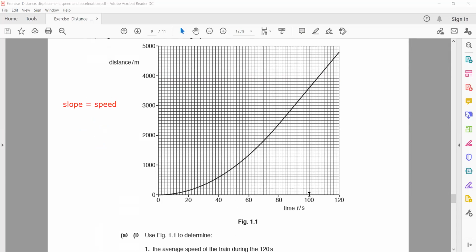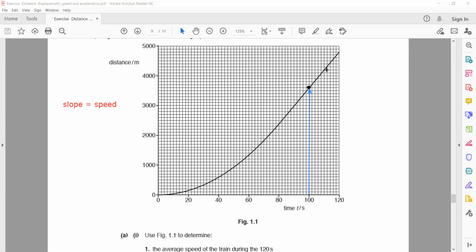So we will find the slope when time is equal to 100. First identify the point where time is equal to 100. That point is lying on a straight line. Whenever there's a straight line, how do we find the gradient or slope? It's y2 minus y1 over x2 minus x1.